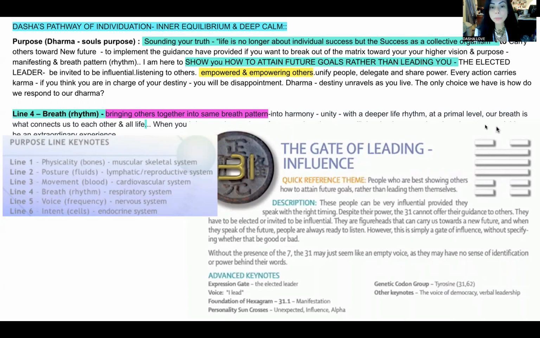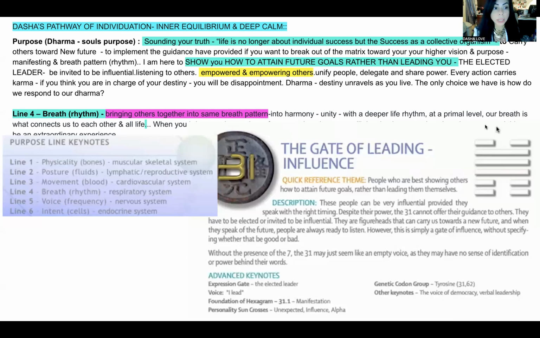I'm here to show people how to attain future goals rather than leading them myself. So I'm the elected leader, and I must be invited in order to be influential. And for that, I have to listen to others and what they need. I'm empowered, so I'm empowering others, and I'm here to unify people, to delegate and share power.